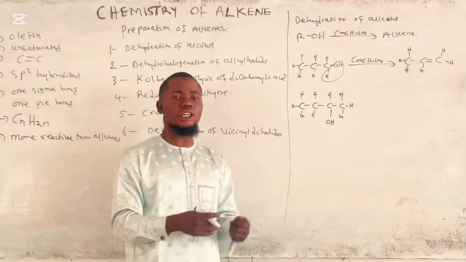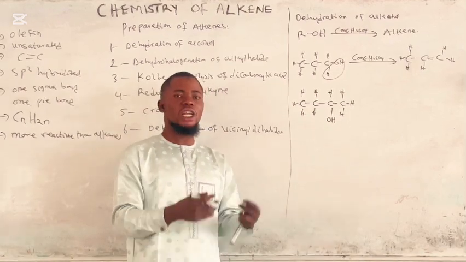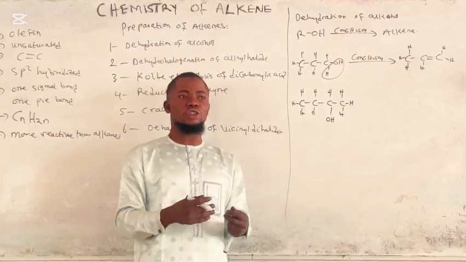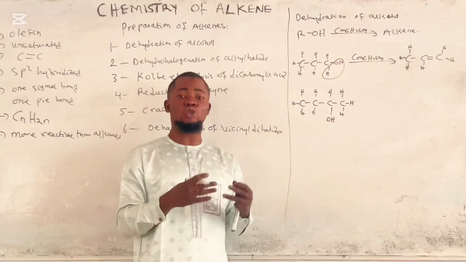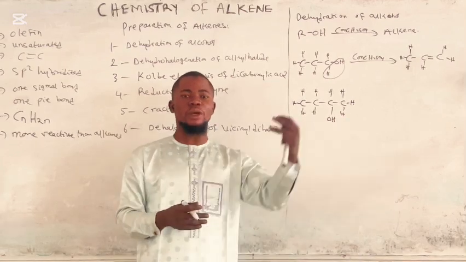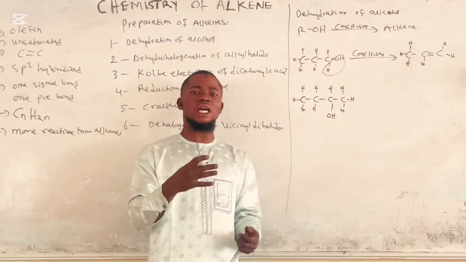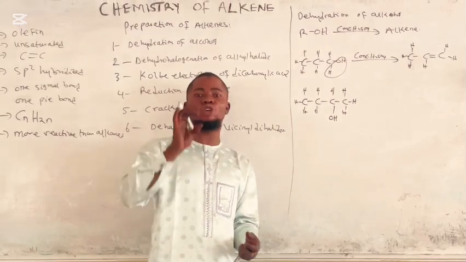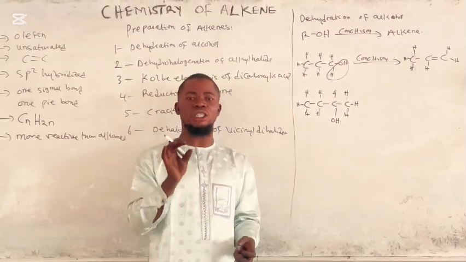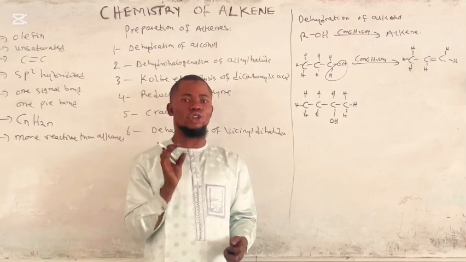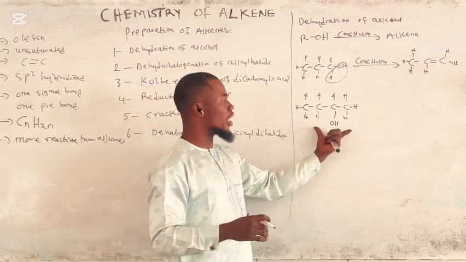That is what the Saytzeff rule is talking about: in the preparation of an alkene using an elimination reaction, the two products are the major product and the minor product. The major product is the one with fewer hydrogens, whereas the minor product is the one with a higher number of hydrogens. Now let's look at this reaction here.